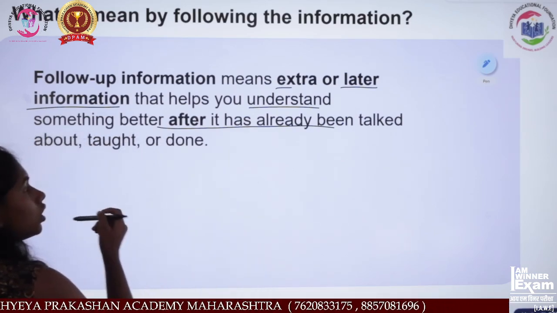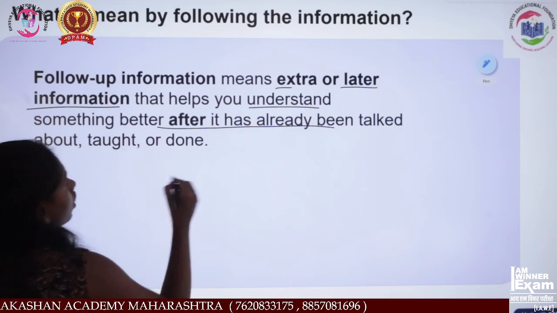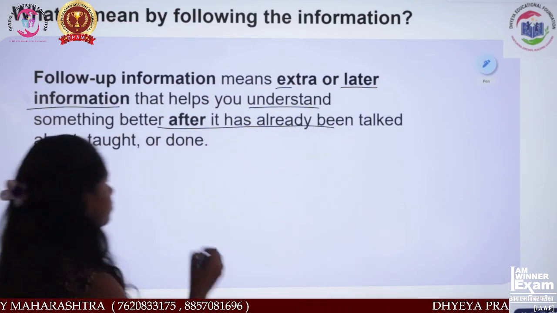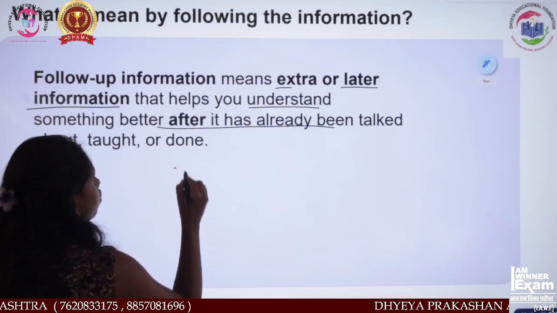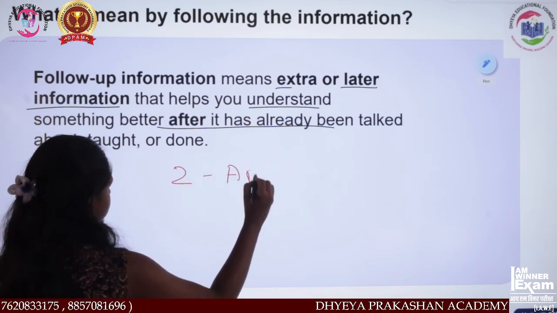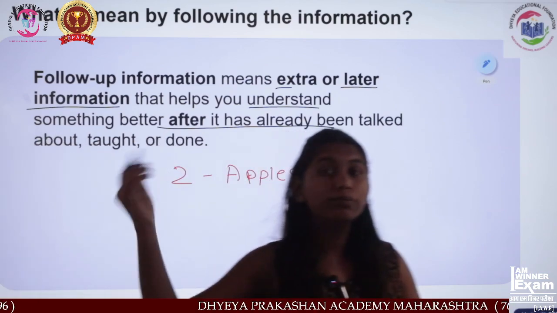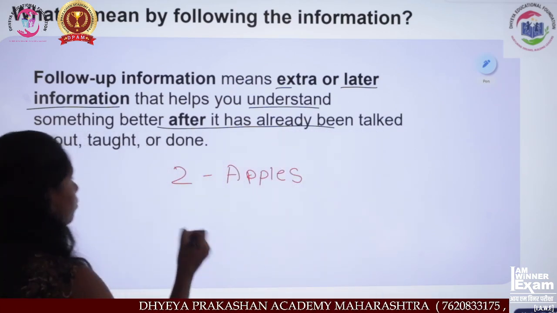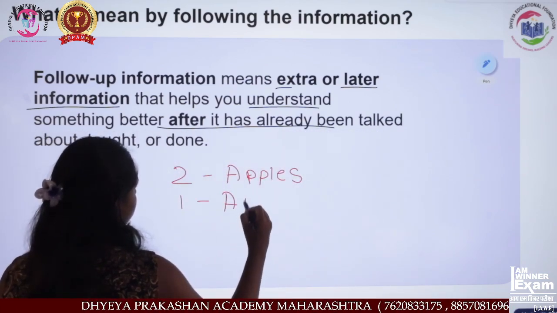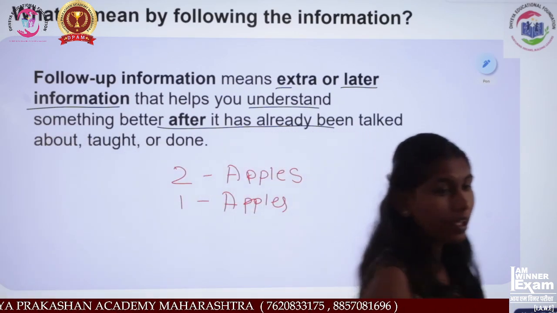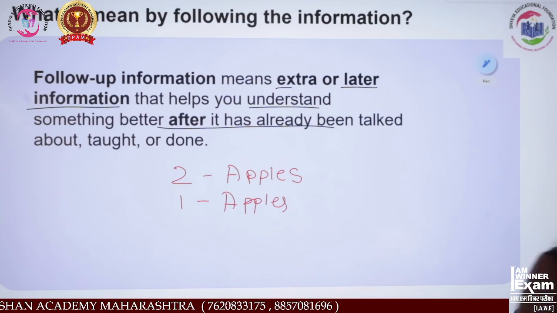Now suppose I said to you that there are two apples, and I brought one more apple. Now, how many total apples do I have together? So, what will you do?